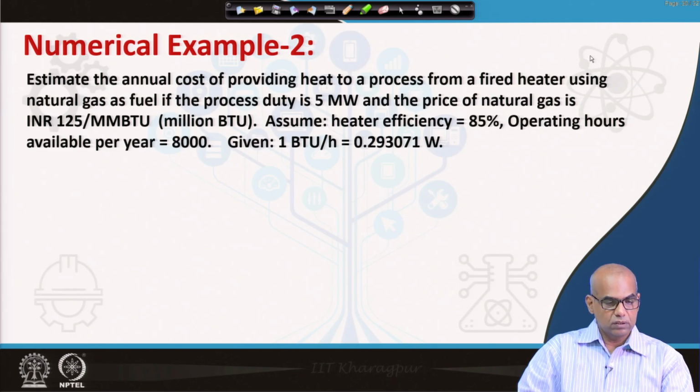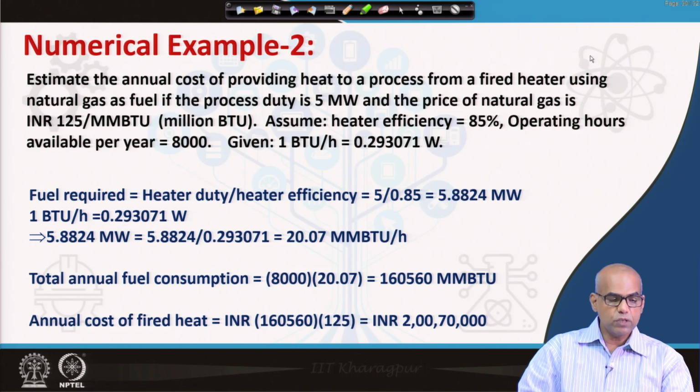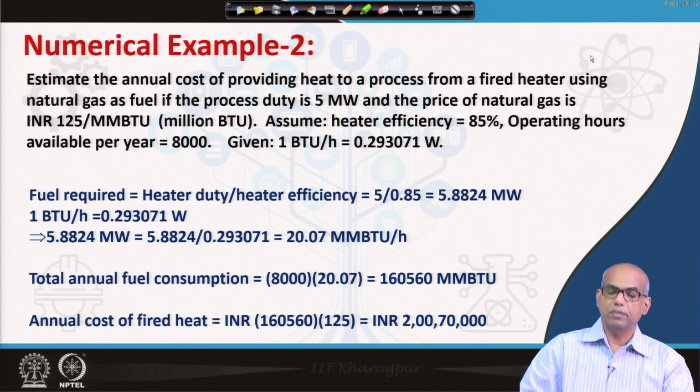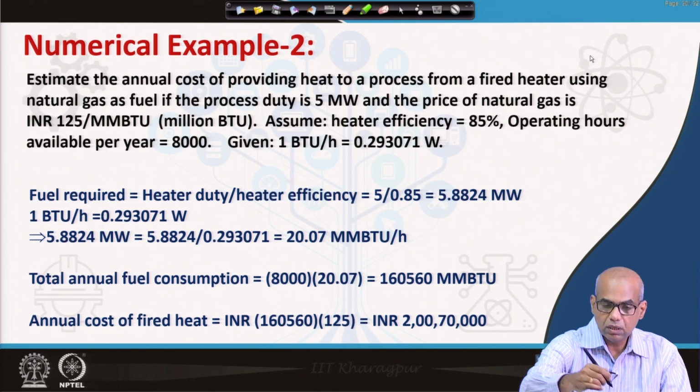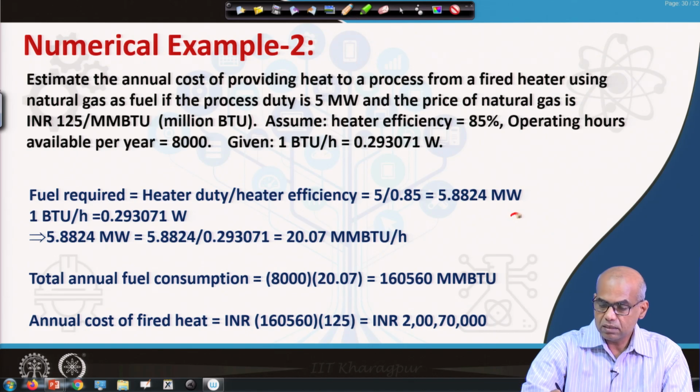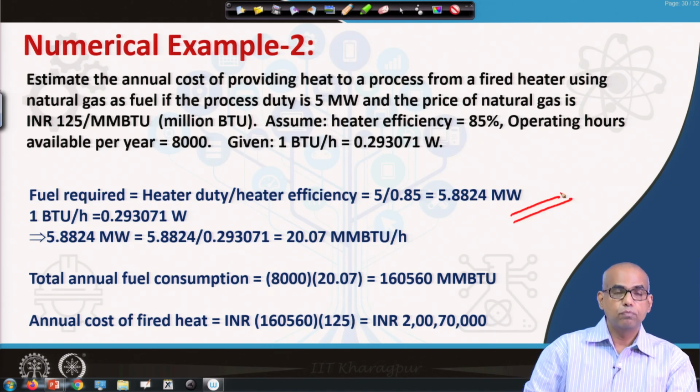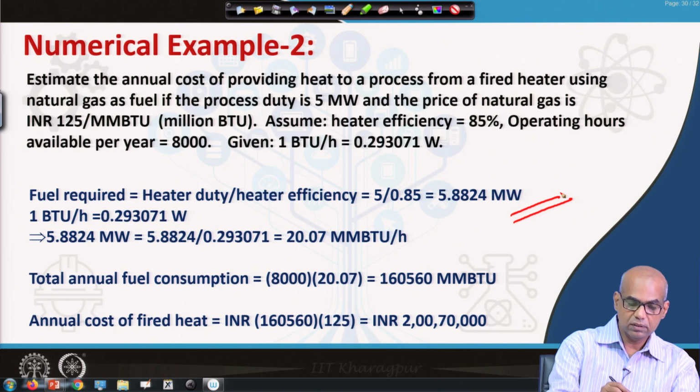So, how do you go about it? So, first find fuel required. Fuel required can be computed from heater duty and heater efficiency. Heater duty is 5 megawatt, heater efficiency is 85%. So, 5 by 0.85 which is 5.8824 megawatt is the fuel required. It is given 1 BTU per hour is 0.293071 watt.